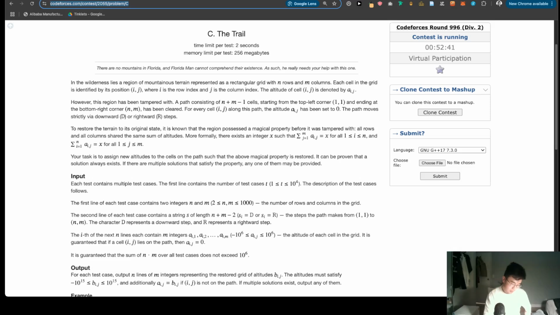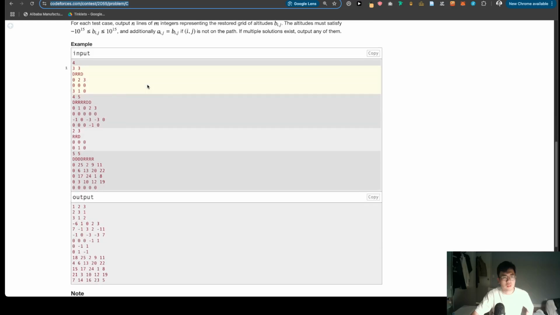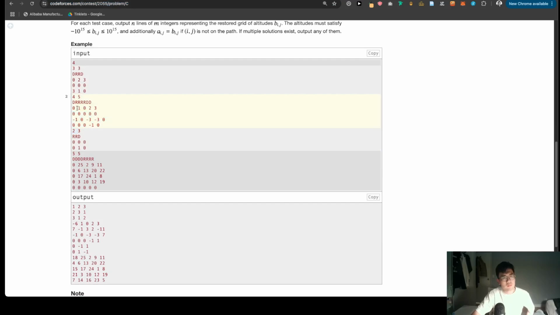Whoa. Did I just know that? Then this is equal to this. Then this is equal to this. Whoa. How did I not notice that? This should be equal to this, this, and this combined. Right? And this.